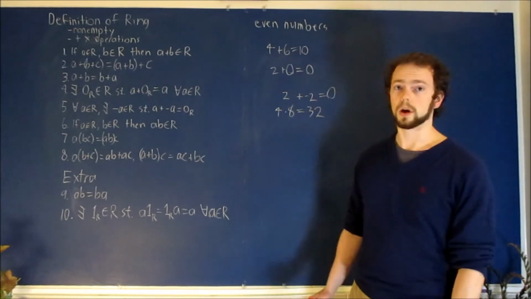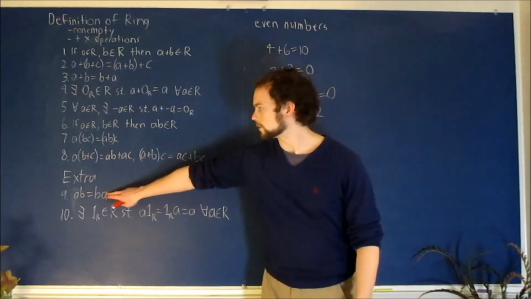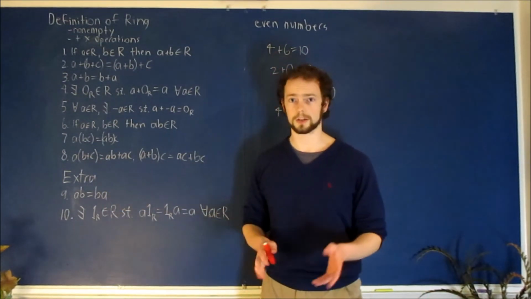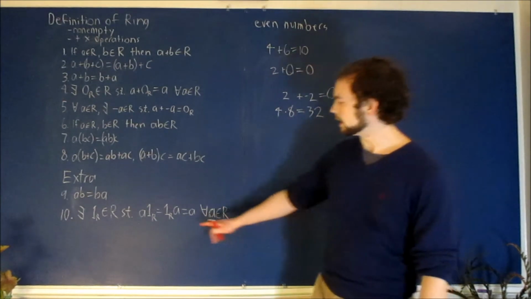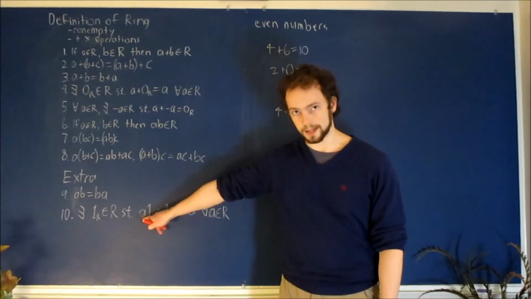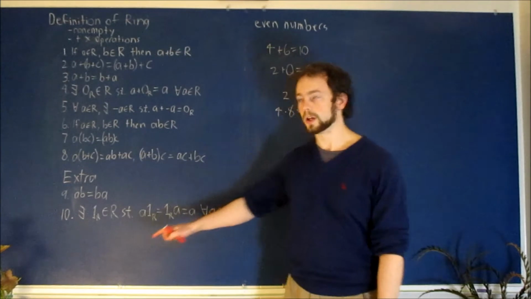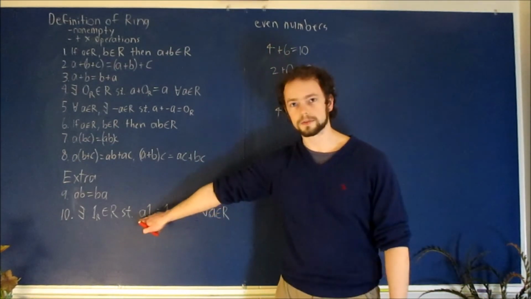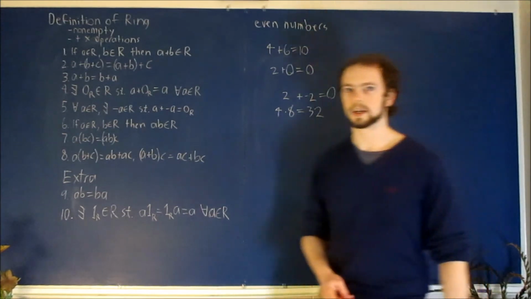The even numbers also satisfy number 9 here. It's commutative under multiplication. But it does not satisfy 10. Okay? So the set of even numbers does not have a multiplicative identity.